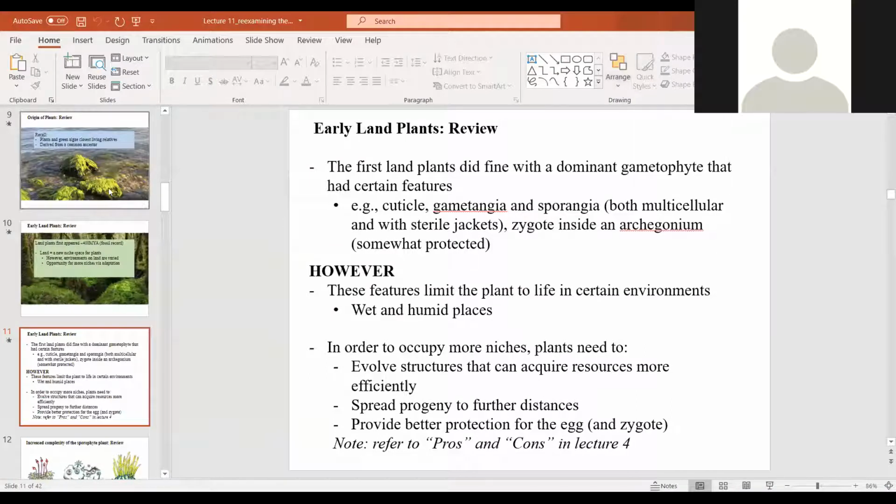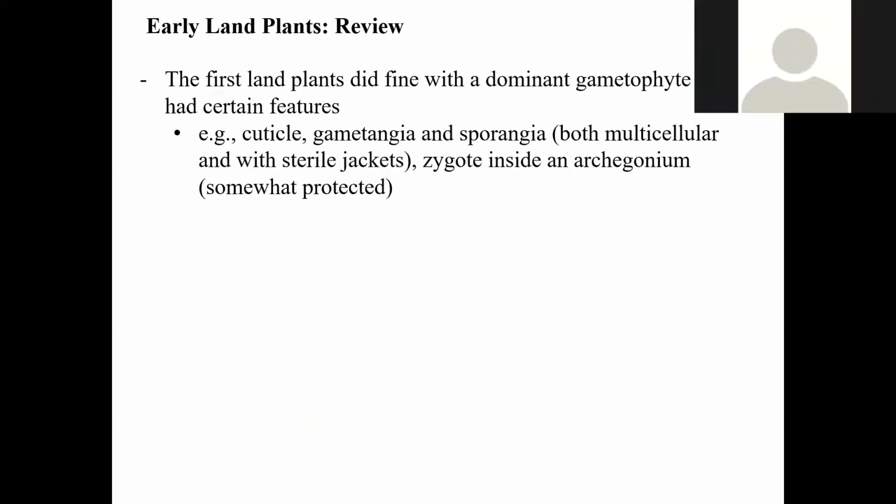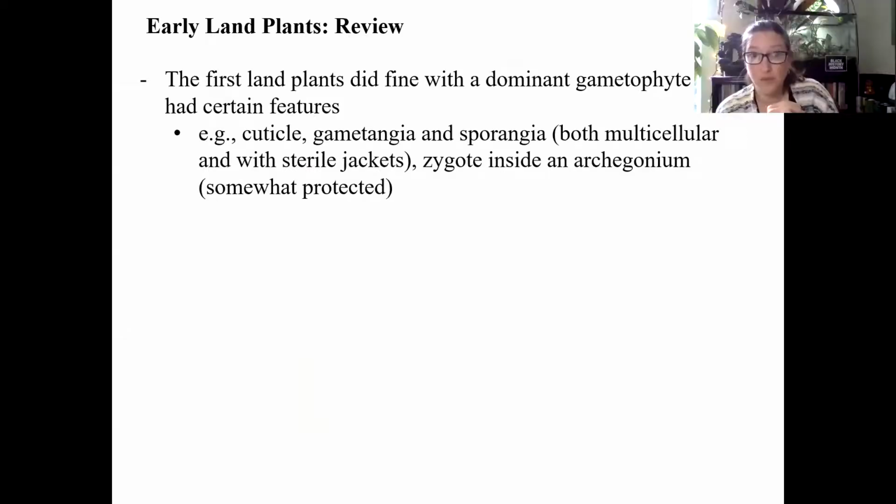Where was the zygote in the older plants? Great question. So in the plants that lived in the water, the zygote would have been just free floating in the water. So in the water environment, egg and sperm would have both been just released into the water.